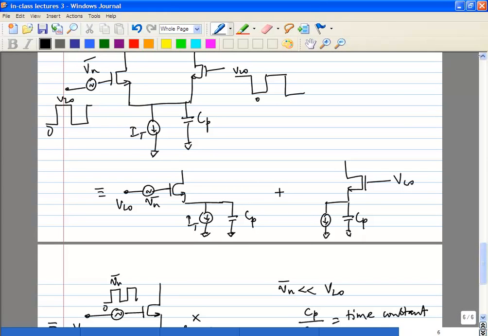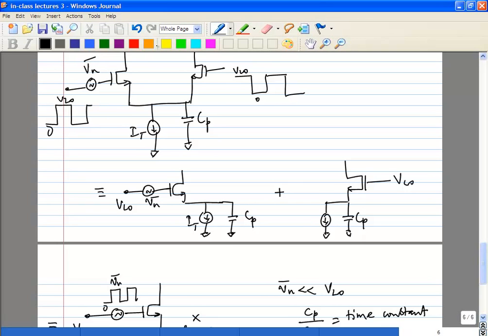So you understood this first half cycle, it looks like this, second half cycle, it looks like this. If you want to replace the whole thing by a single circuit, the only difference between these two is Vn. Assume that the transistors are identical. Vn has some time domain response, some noise in the time domain.